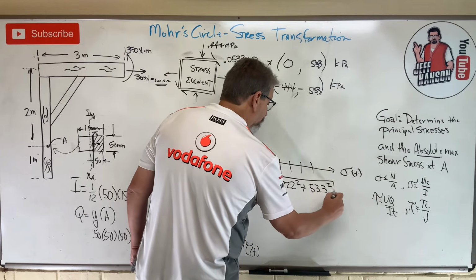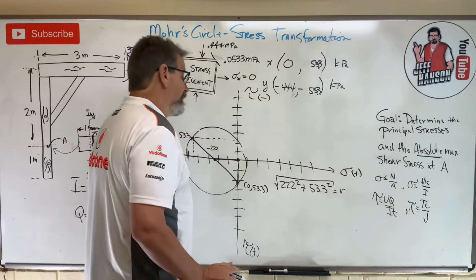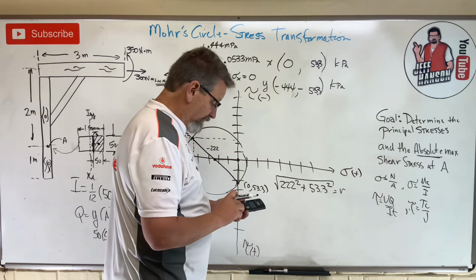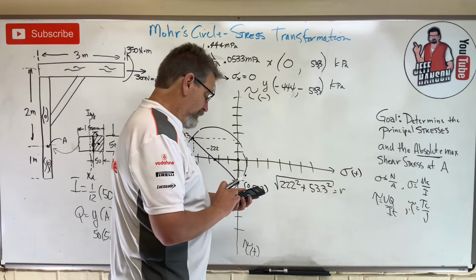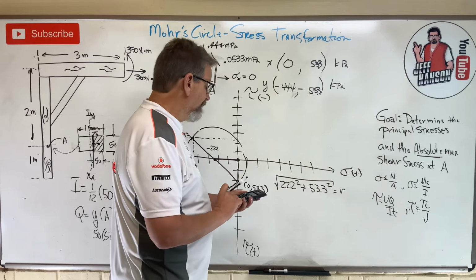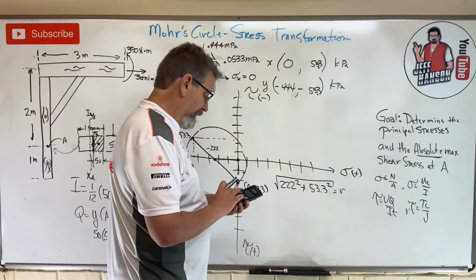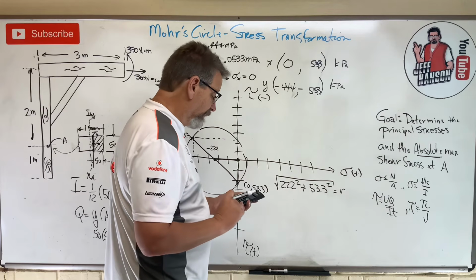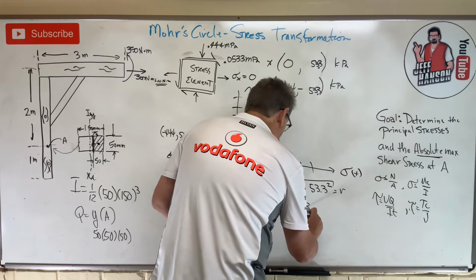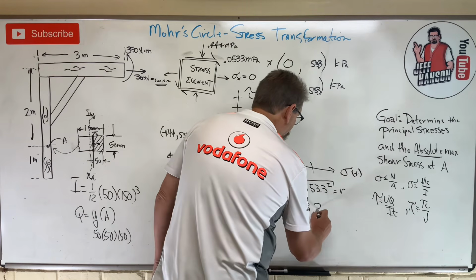I can't do that one in my head, folks. Here we go. 222 squared plus 53.3 squared, square root, equals 228.3.